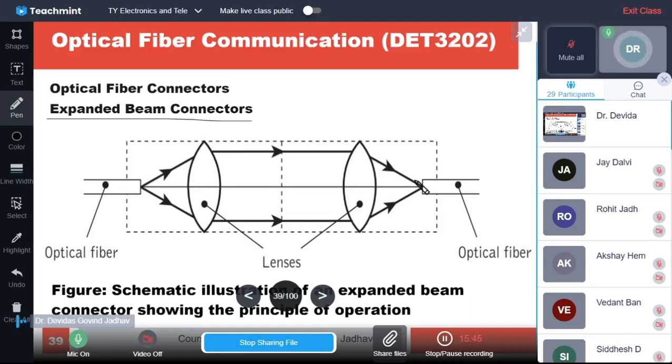And the next lens will focus, and one thing is that the next fiber must be accurately aligned at the focal point, and for that a mechanism is there for adjusting the lens and the fiber. So these are the optical fibers, these are the lenses.